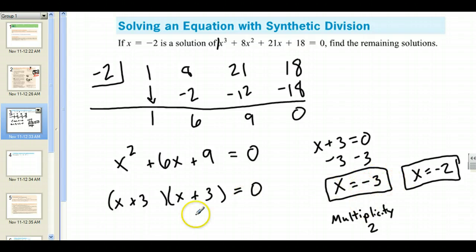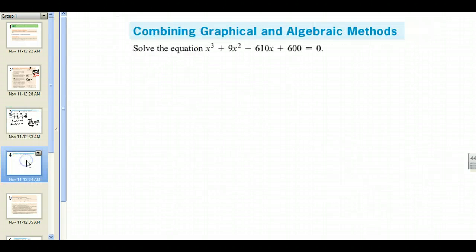This one counts twice because it's in both of these pieces. It solves each one of these. So this is multiplicity 2, this is multiplicity 1, and 2 plus 1 is 3. So we do get the 3 solutions the fundamental theorem of algebra says we should get.